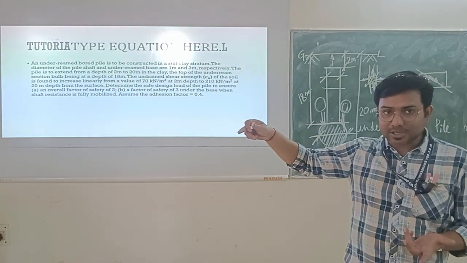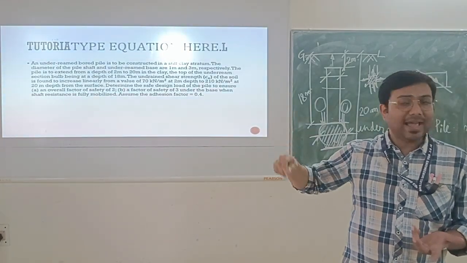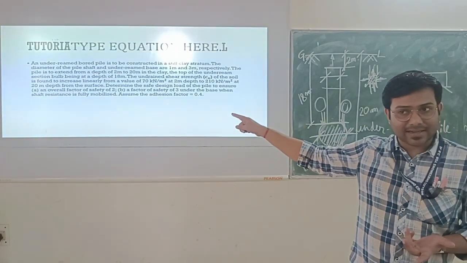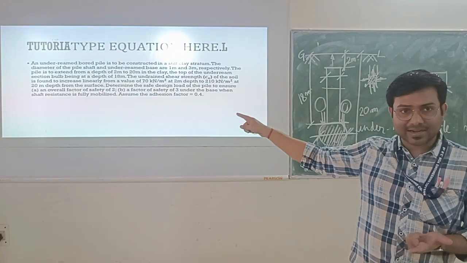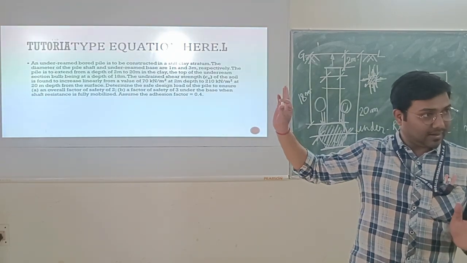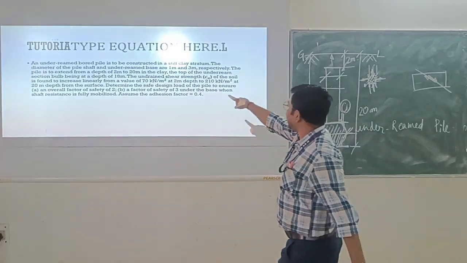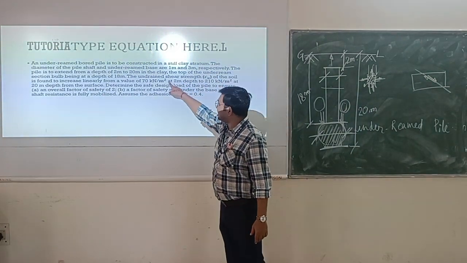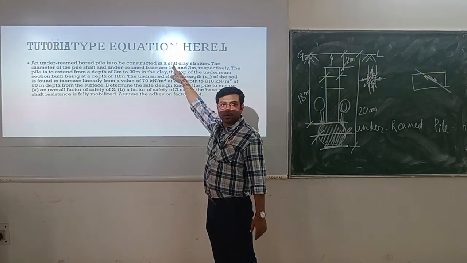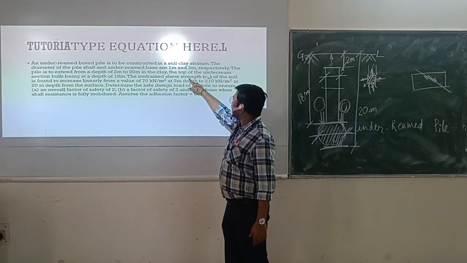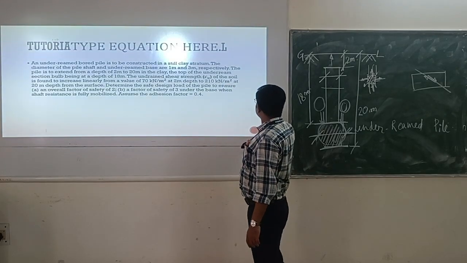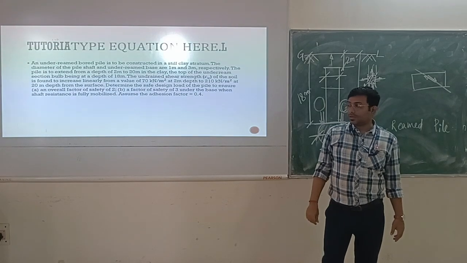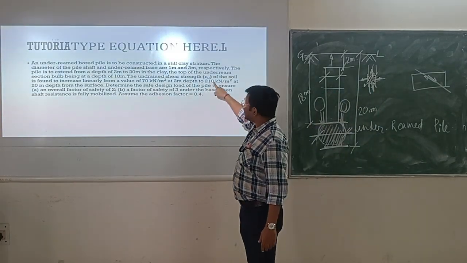So under undrained condition, for cohesive soil, this undrained shear strength is nothing but the c. Is that okay? So that's why undrained shear strength I have given.